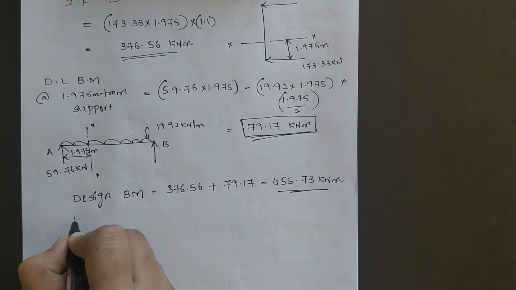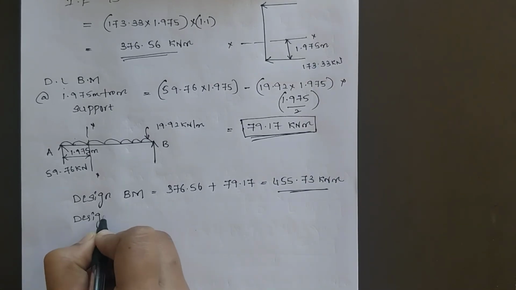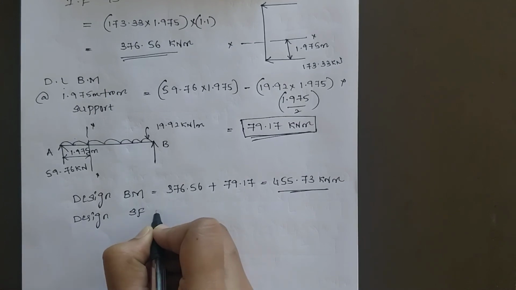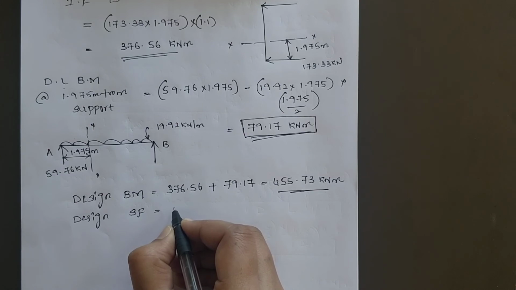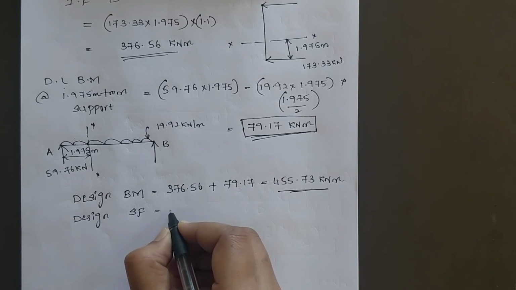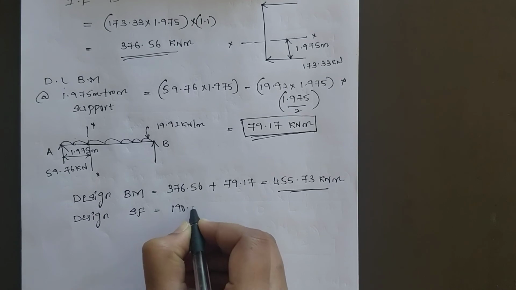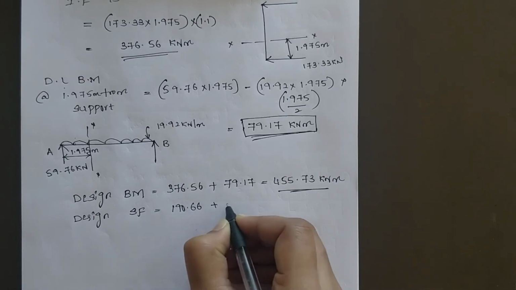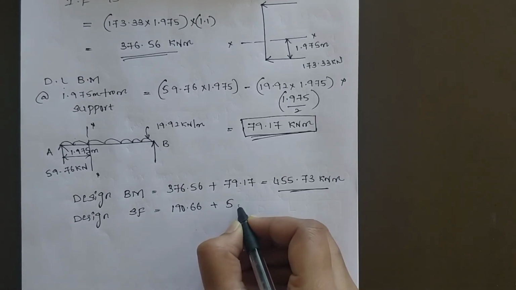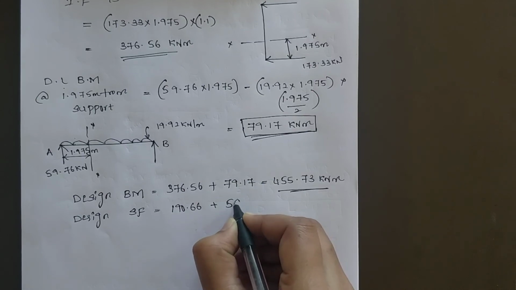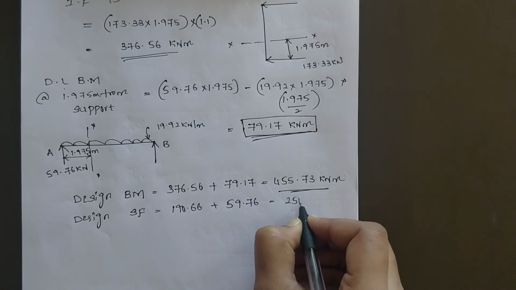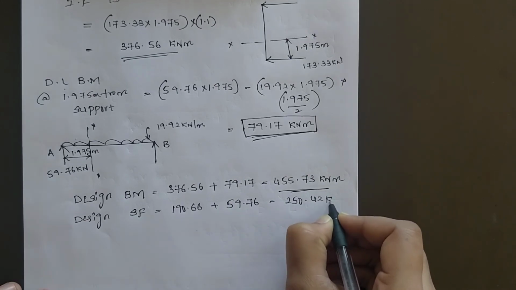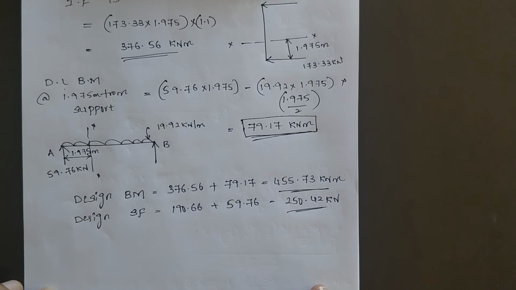Similarly, calculate design shear force. Design shear force will be equal to 190.66, the live load shear force value, plus the dead load shear force value, 59.76. You will get 250.42 kilonewton.